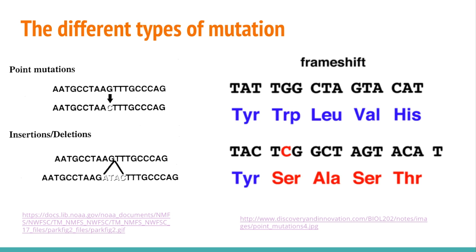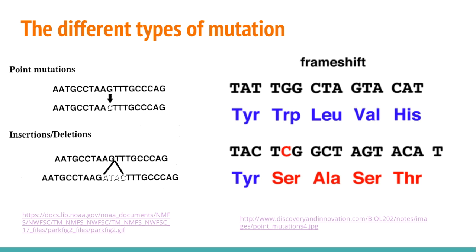However, if you insert a C between the T and the G in the second codon, that shifts the frame so that we have an extra nucleotide on the end, and the codons that we have are read differently than they were before.